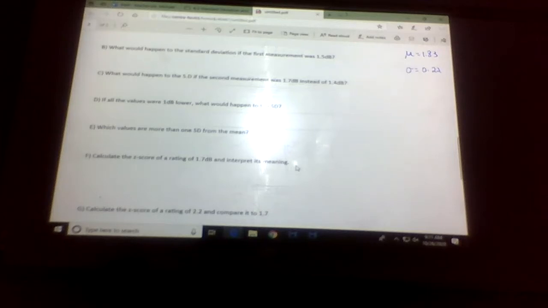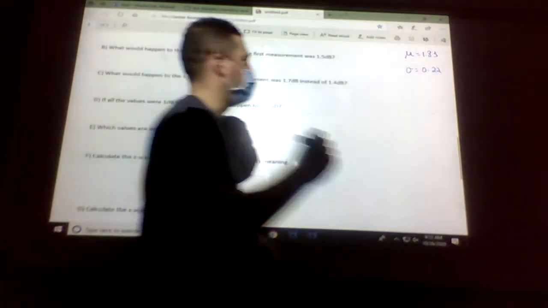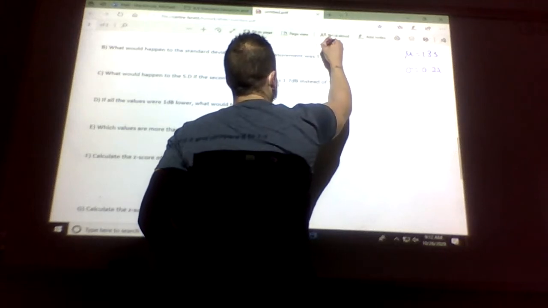I'll do it again after. We'll see if it's made any worse. Okay, B says, what would happen if the first measurement was 1.5? What was the first measurement originally? 1.7. So instead of 1.7, it is now 1.5. What would happen to the standard deviation?